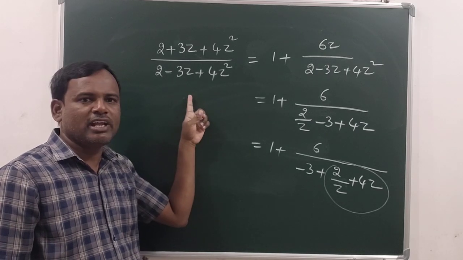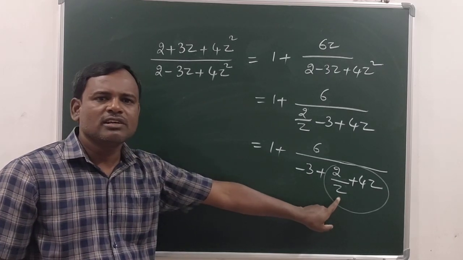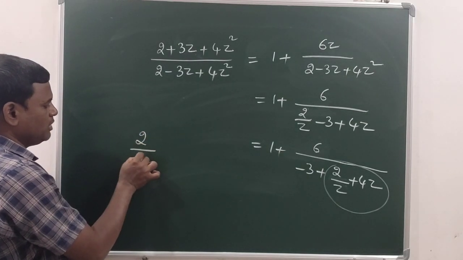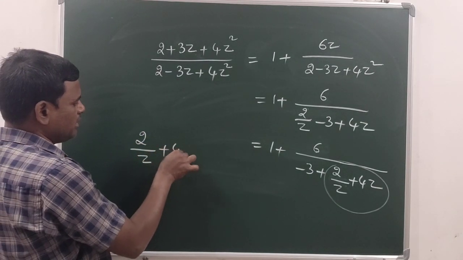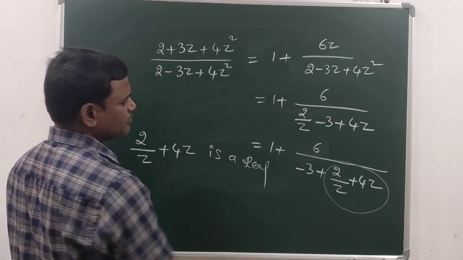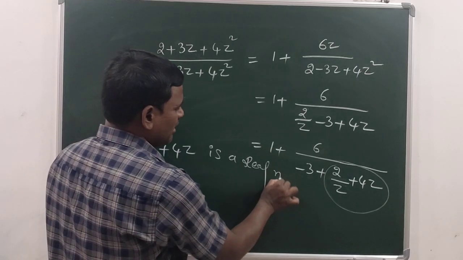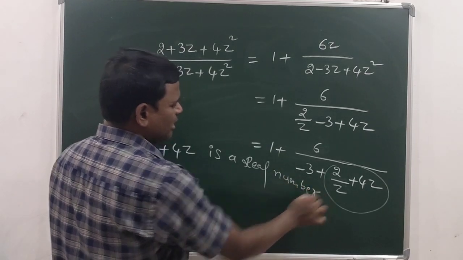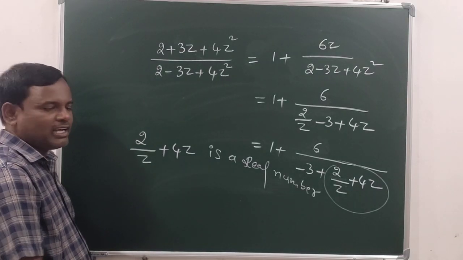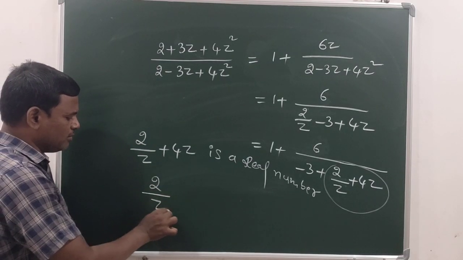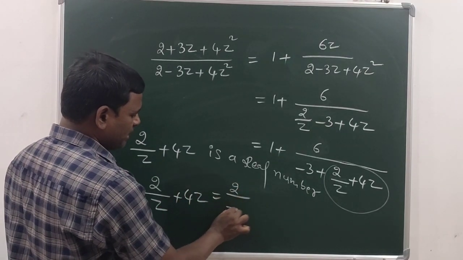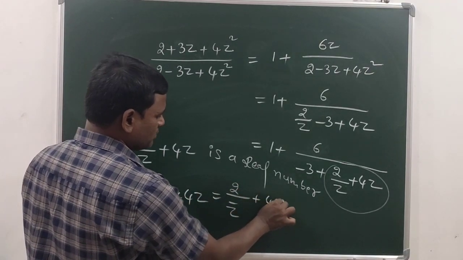So 2 by z plus 4z is a real number. Whenever it is a real number, its conjugate is also a real number and both will be equal. So it is equal to 2 by z bar plus 4z bar.